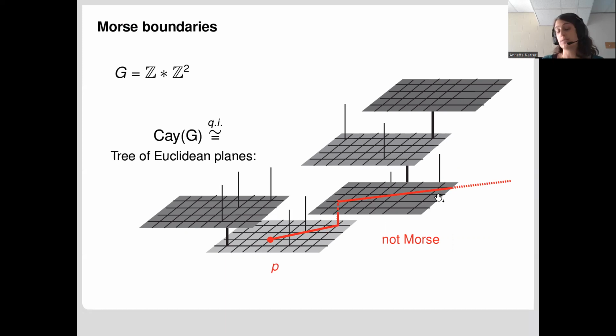Those are not Morse, because we saw already that Euclidean planes do not contain Morse geodesic rays. But they get Morse if we stay in each such Euclidean plane only for a bounded amount of time, and we'd have a uniform bound for that. If the bound on how long the geodesic ray stays in the Euclidean plane grows over time, then this is not Morse anymore.